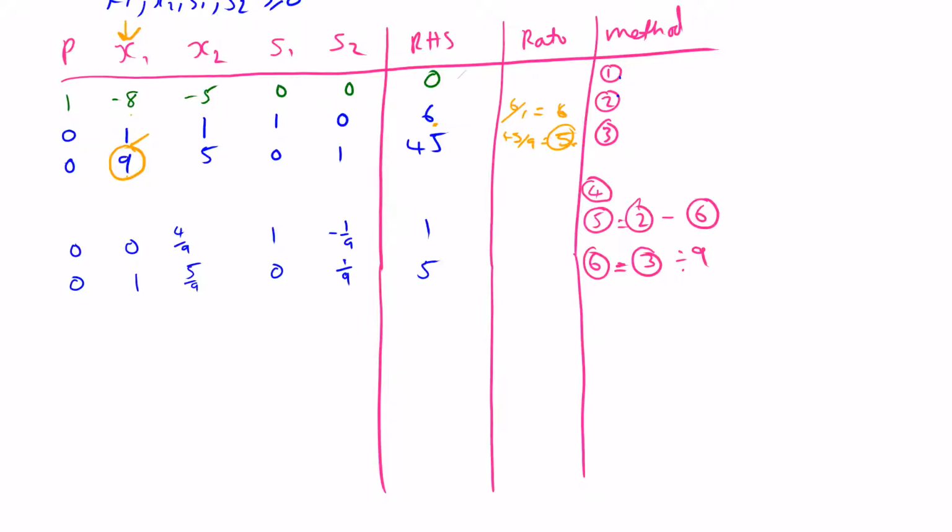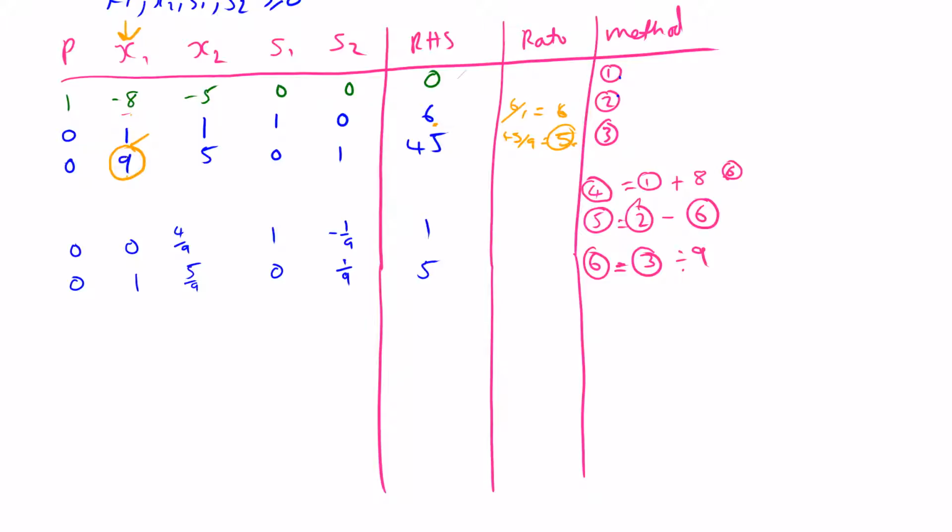Now for the objective, equation 4 is equal to 1 plus 8 lots of equation 6. This will enable us to get this minus 8 to be 0.